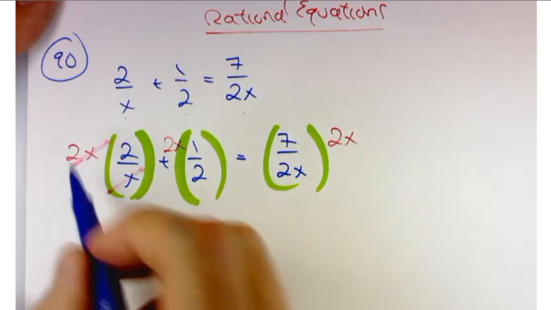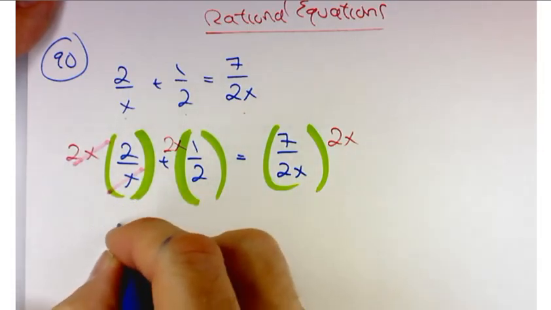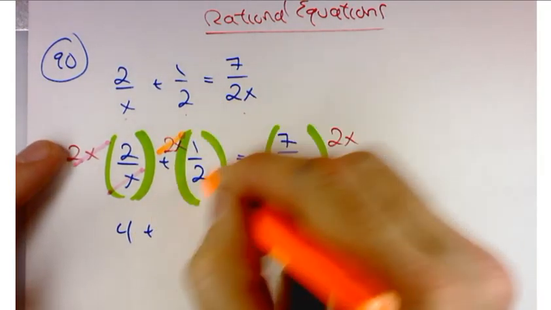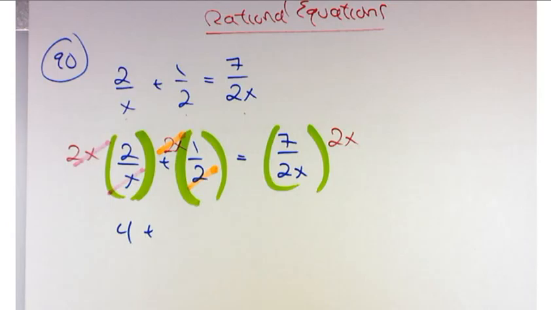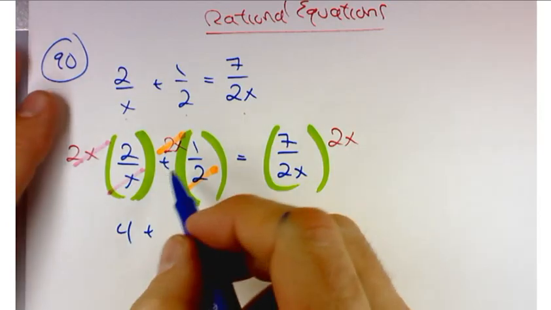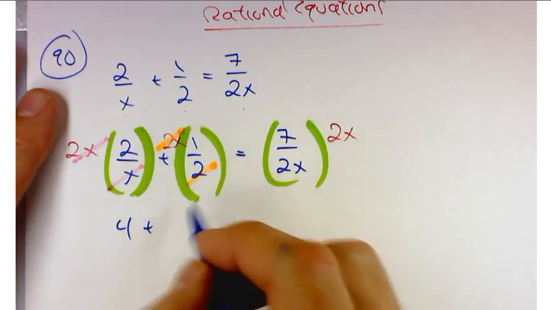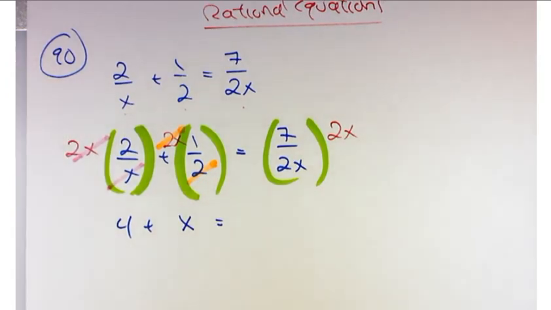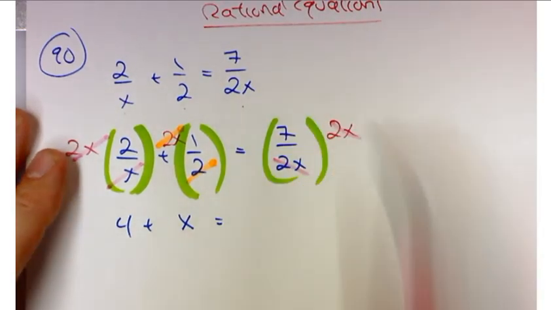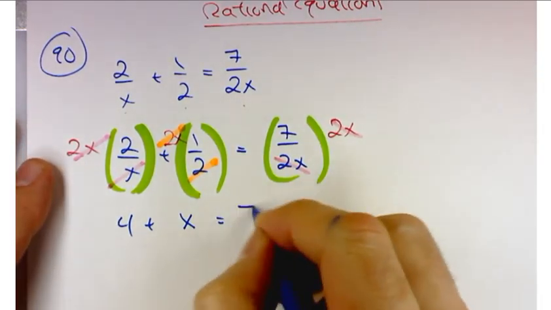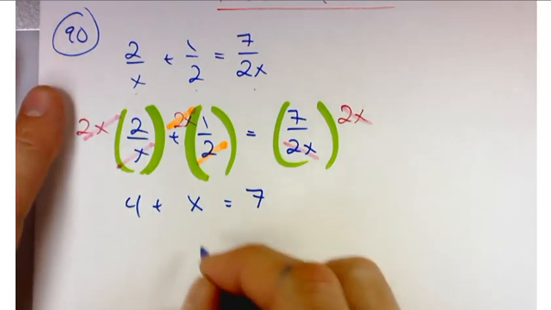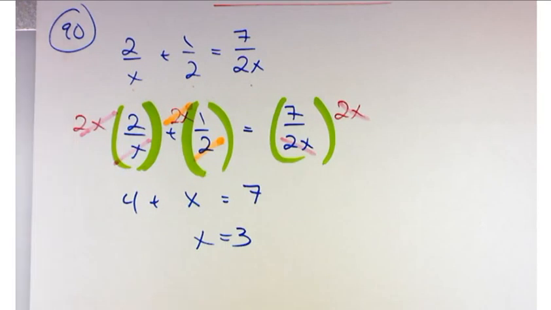Yeah, so just 4 over 1 or 4. 4 plus what? x equals 7. So 4 plus x equals 7. Can anyone tell me what x equals? x equals 3.